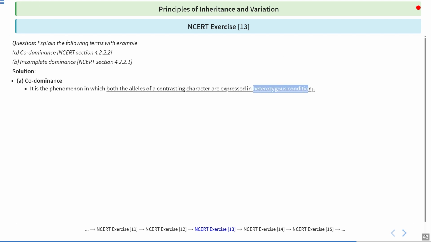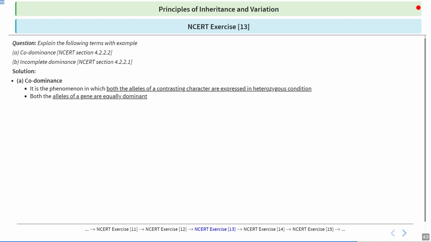So you have to write this heterozygous condition as well. Example: this is a very classical example of AB blood group. Here both the alleles are codominant. Both the alleles are expressed in the heterozygous condition.